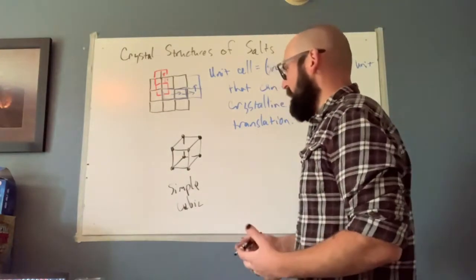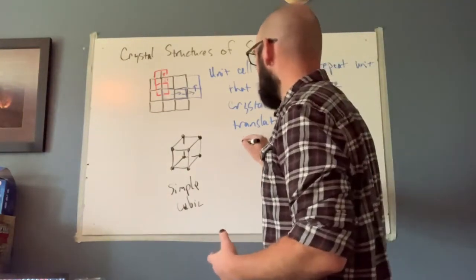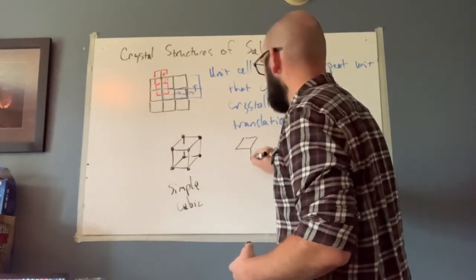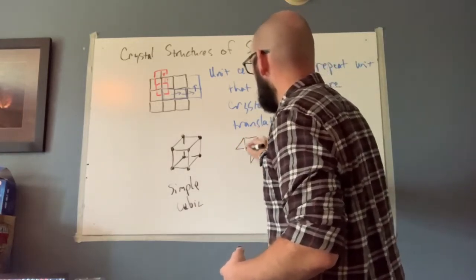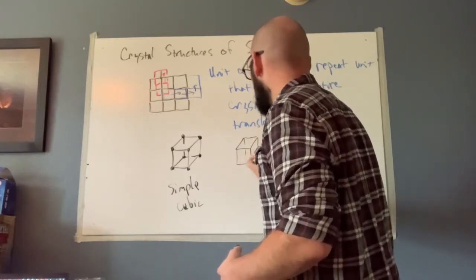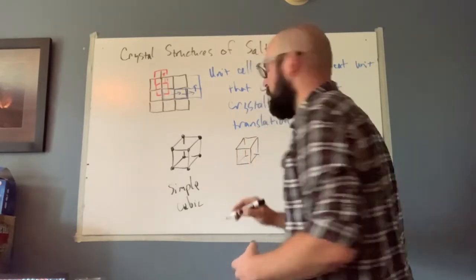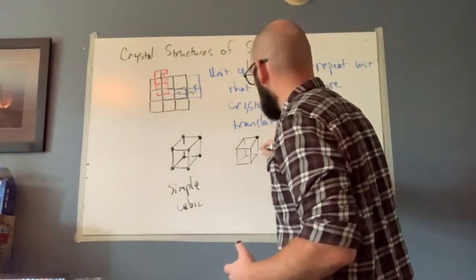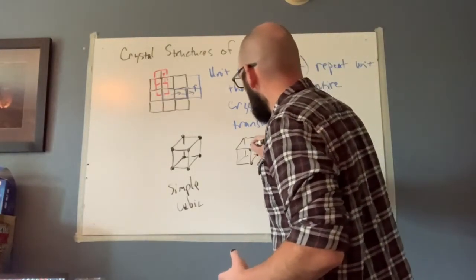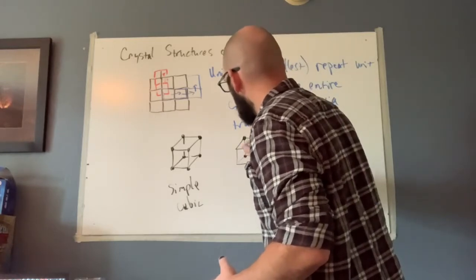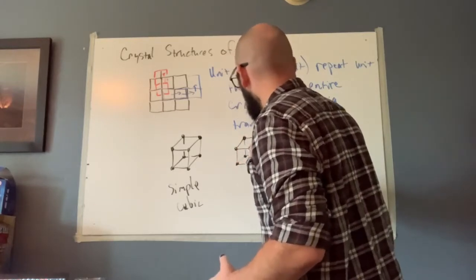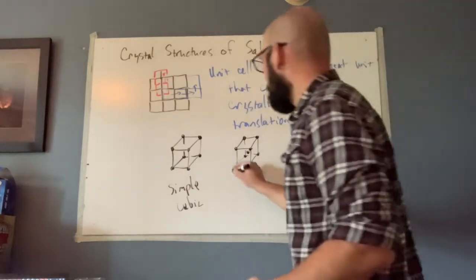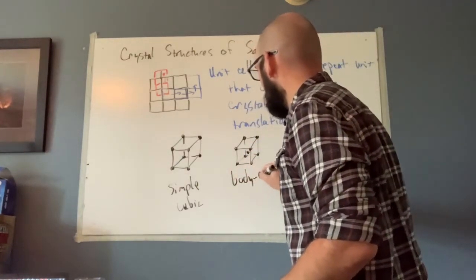In addition to that, if instead of just having atoms on the vertices, the corners, we could also have atoms or an atom directly in the center of our unit cell. So if we have atoms on our corners and then one directly in the middle of our unit cell, we refer to this as body-centered cubic.